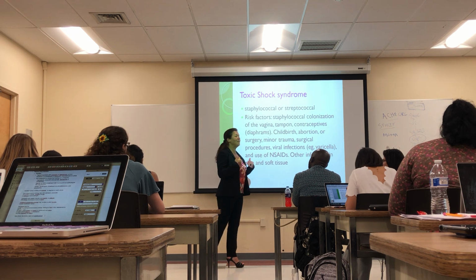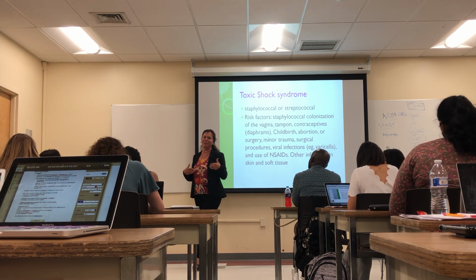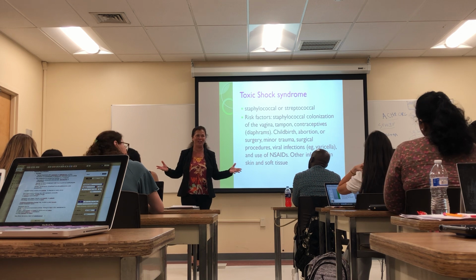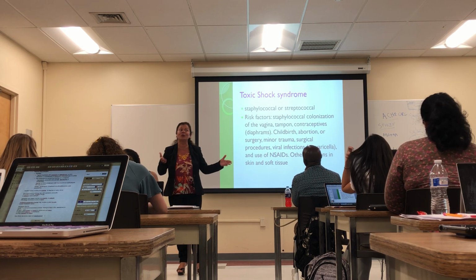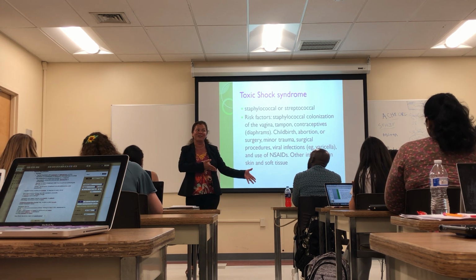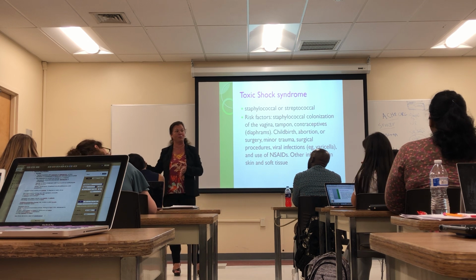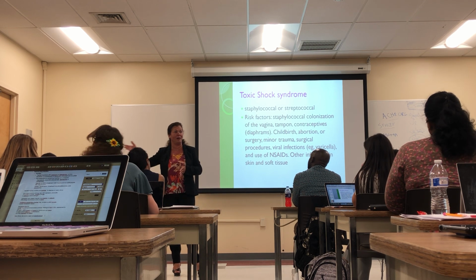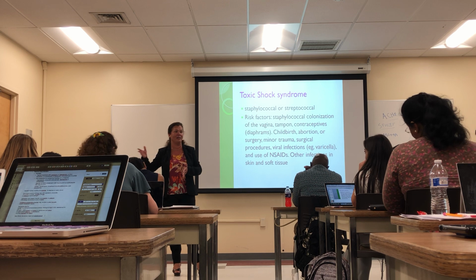Okay? So think about any type of residual in your body. It could be natural from tissue, or it could be artificial, like sponges and gauzes and tampons and diaphragms and anything.